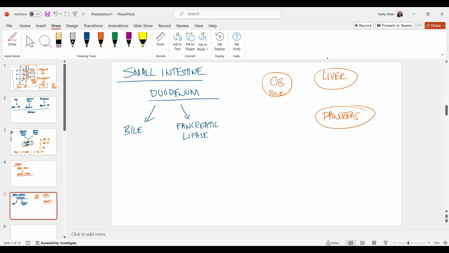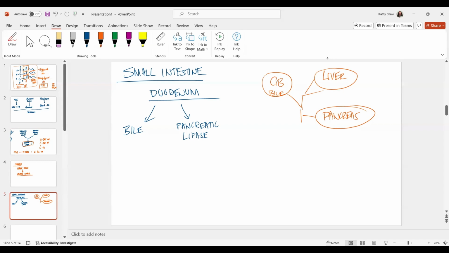So we kind of have multiple players in this story. So we have the right and left hepatic ducts coming out of the liver. We have everything coming into the cystic duct. And we have the pancreas with the main pancreatic duct.